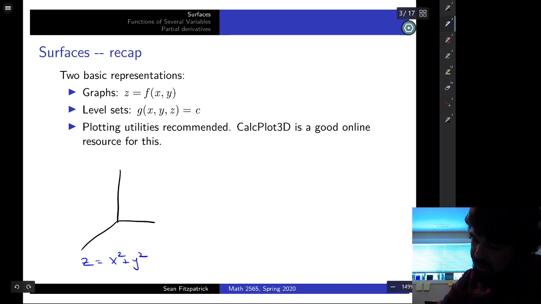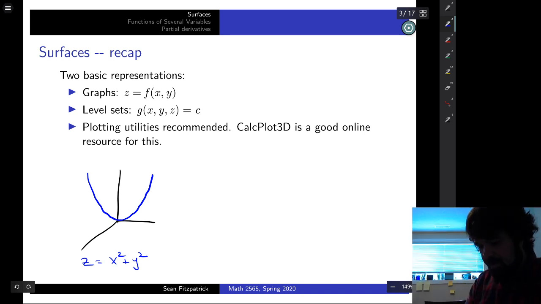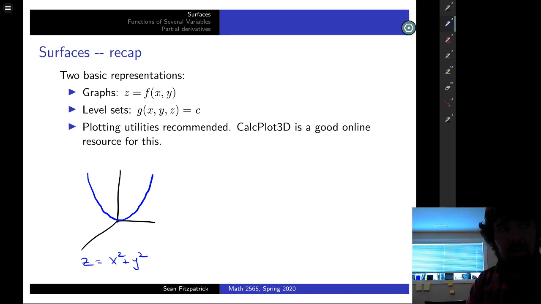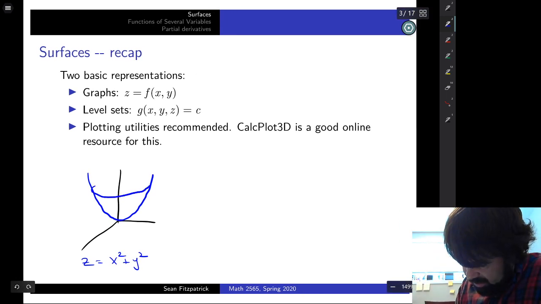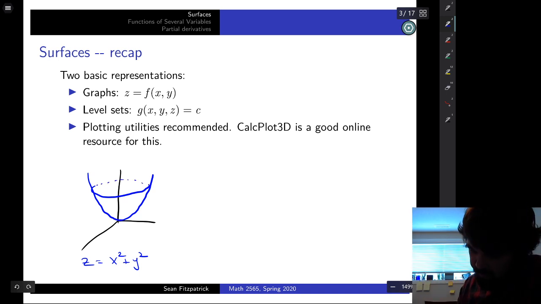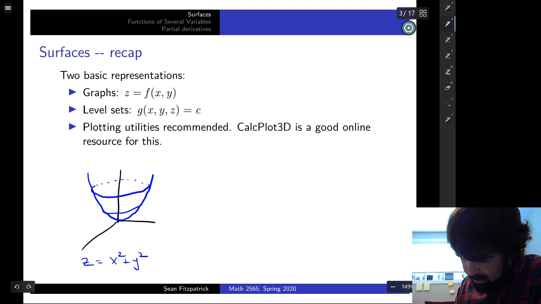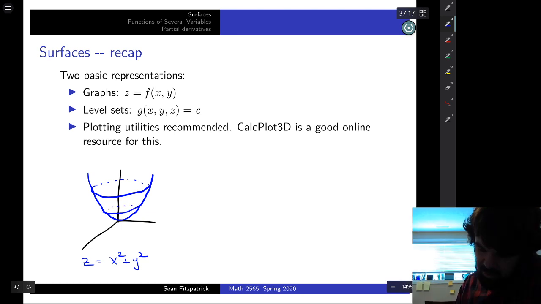So this is a circular paraboloid. You draw a parabola. That parabola is basically your trace in the YZ plane. And then you say, okay, it's a parabola with circular traces in the planes parallel to the Z direction. So you get something that looks like that.